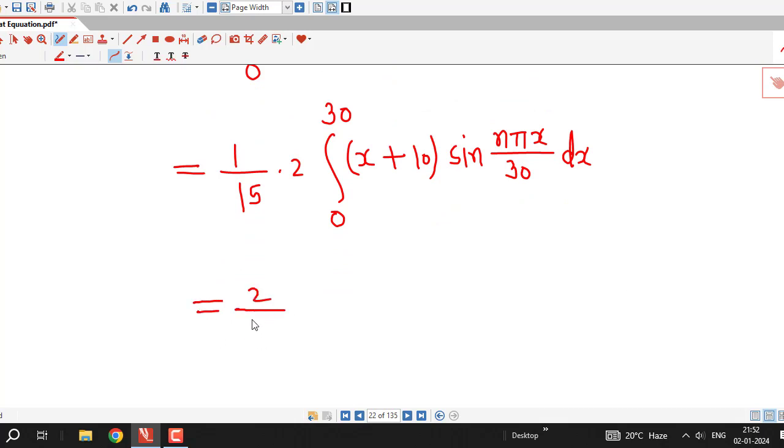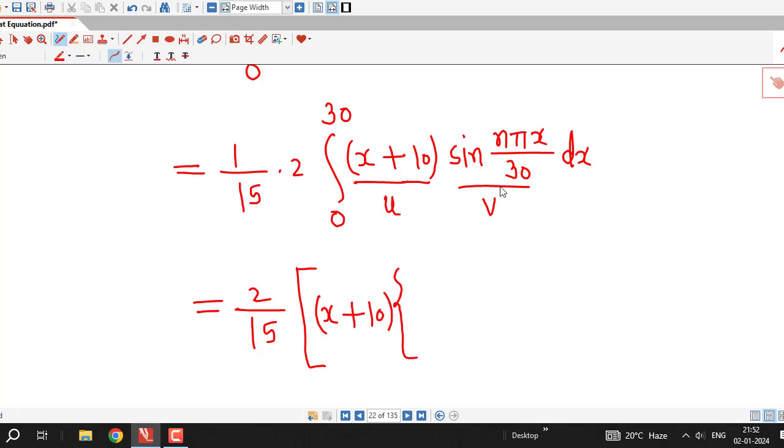This is equal to 2 divided by 15, and now I apply integration by parts here. I consider u equal to x plus 10, v equal to sine n pi x by 30. So u as it is, that is x plus 10 as it is. Integral of sine n pi x by 30 is minus cos n pi x by 30 divided by n pi over 30, that I rewrite as 30 over n pi in the numerator, and cos n pi x over 30.